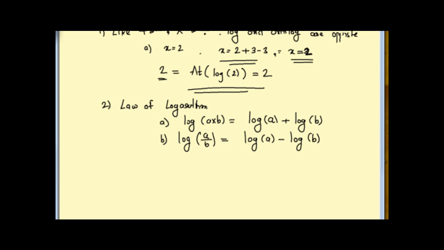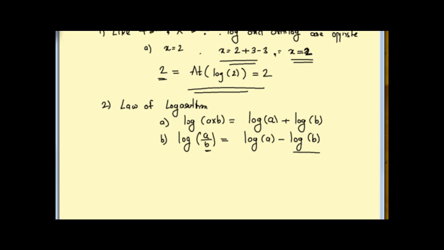A general thing to remember is, anything that is in the numerator, its log will be added, and anything that is in the denominator, log of that number will be subtracted, right? Since b is in the denominator, we are subtracting log of b, and since a is in the numerator, log of a is added.